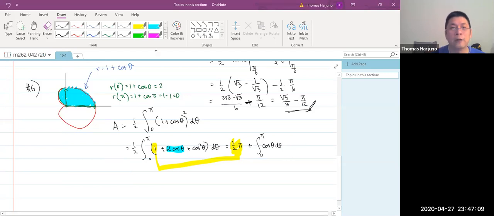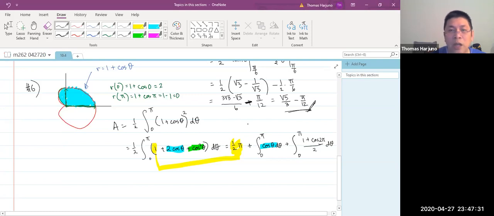And then the last one, there will be plus integral from 0 to pi of, let me make a double angle right away, (1 plus cosine 2 theta) over 2 d theta.